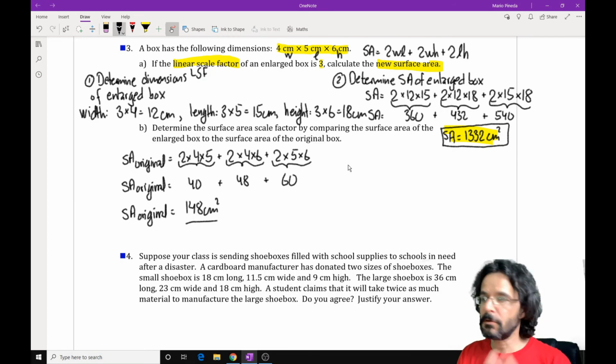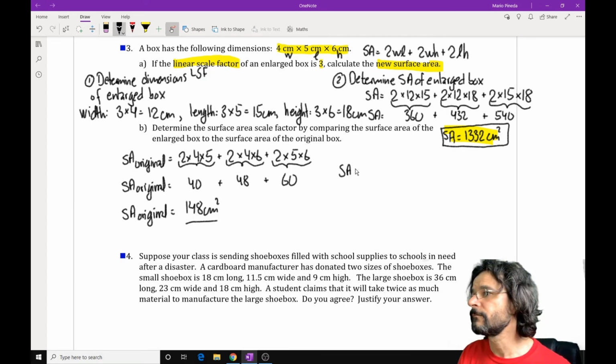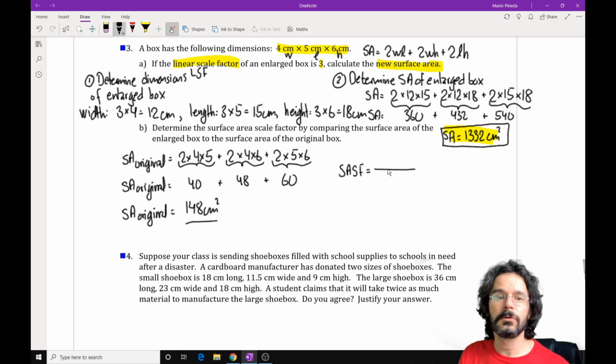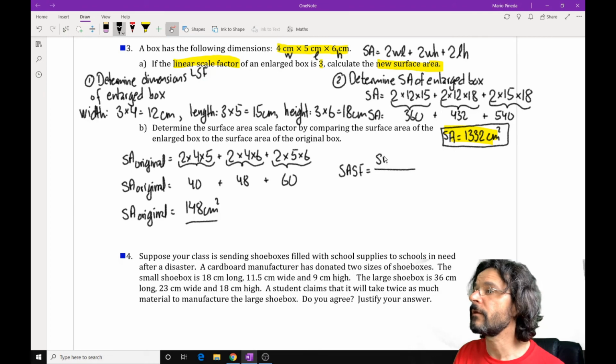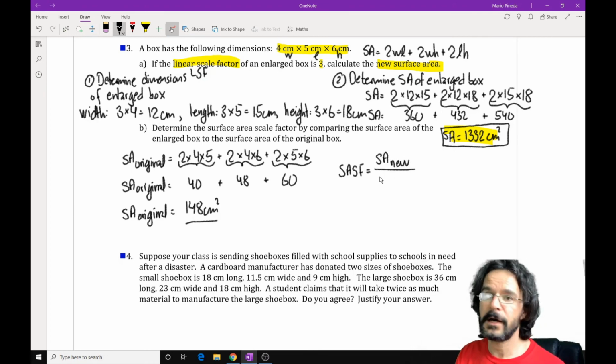To calculate the surface area scale factor, we're going to put surface area of new box upstairs divided by surface area of the original box.